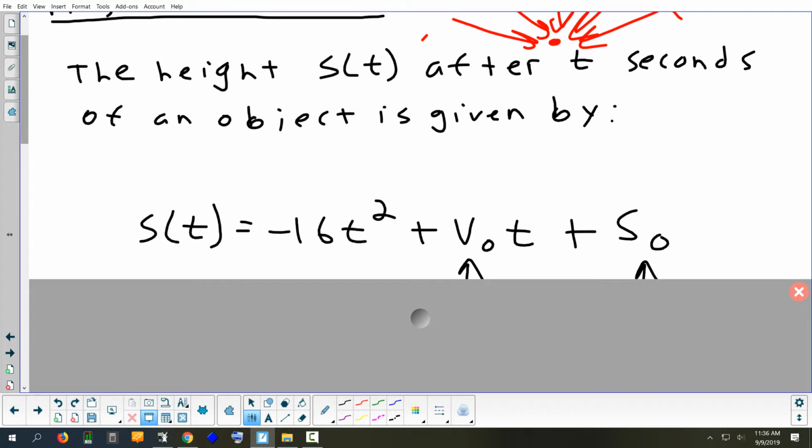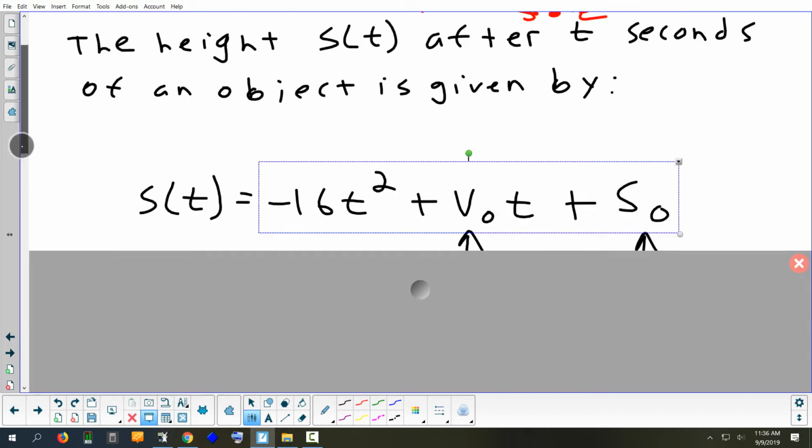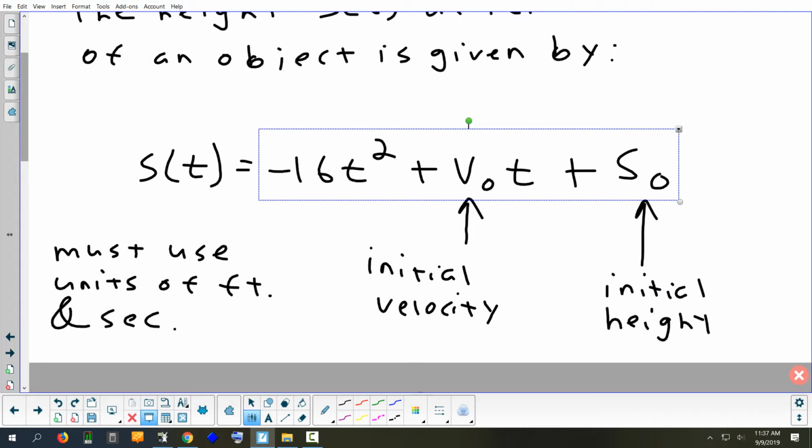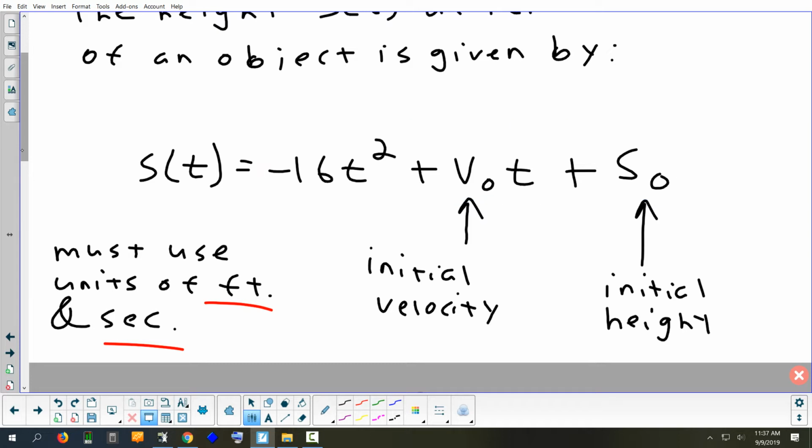This is the acceleration in feet per second squared, so a little different. So you have to use units of feet and seconds if you're using the number 16 right here. So if you were doing something in meters, you could just swap that out for a 9.8. Yeah, I believe 9.8 meters per second squared is the equivalent of 32 feet per second squared. Are we going to be doing that here? No, we usually just stick with feet per second.